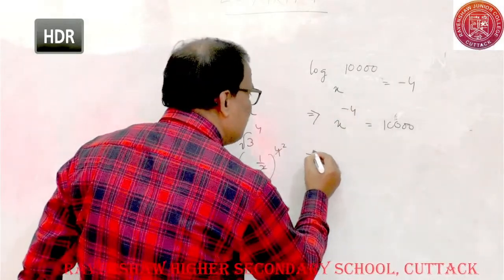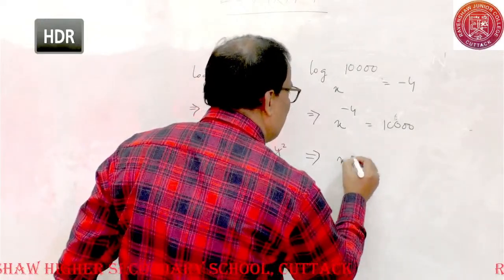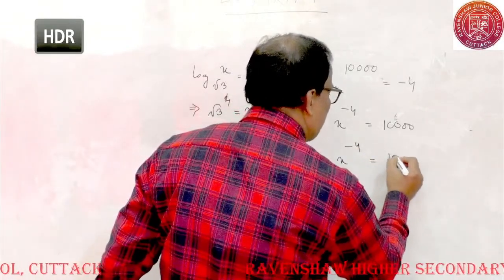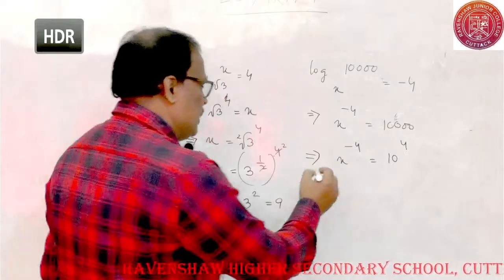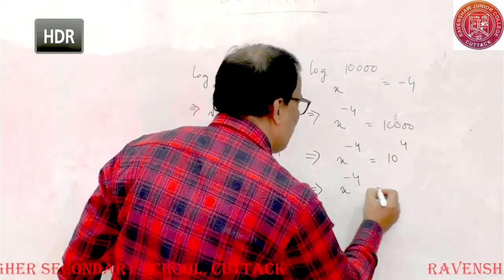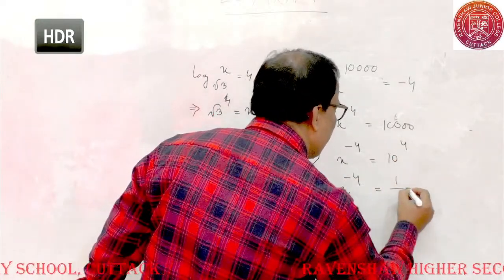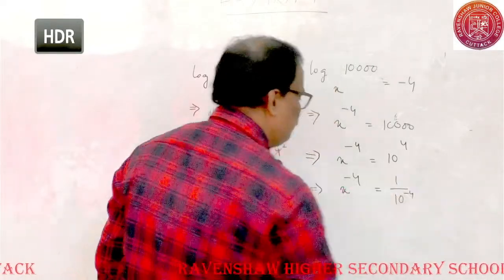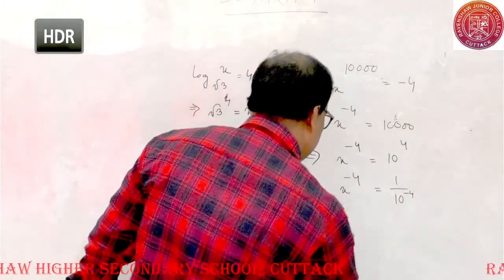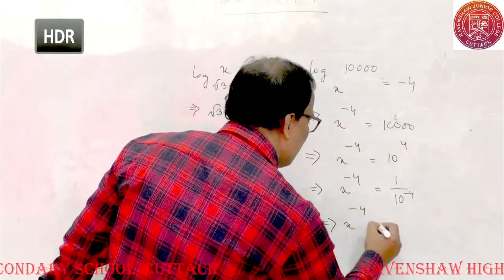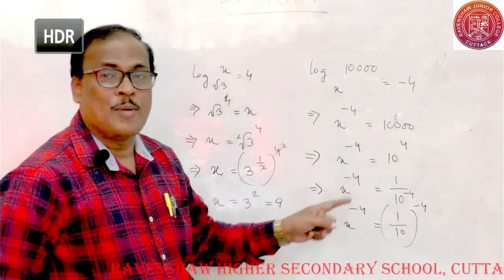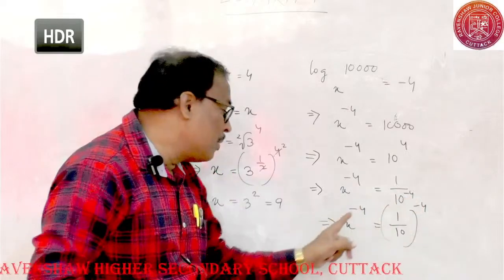So this implies that x to the power -4 is equal to 10 to the power 4, which is 1/10 to the power -4. We need to make the powers the same. So x to the power -4 is equal to 1/10 to the power -4. Now look, the powers are the same, so the bases will be the same.